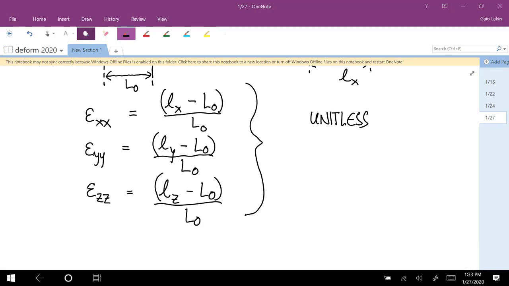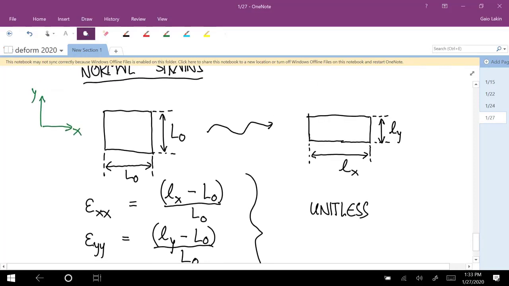And I said that we're looking for values that are less than about 10 to the minus 4, okay? So 0.0001 or smaller. So this picture I've drawn here, think about this definition. Is that within a reasonable range for an engineering material, or is that too big a deformation?